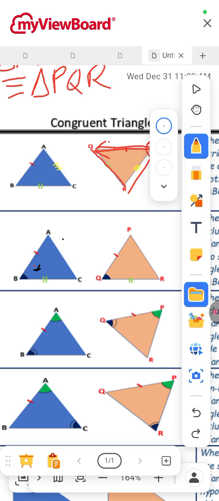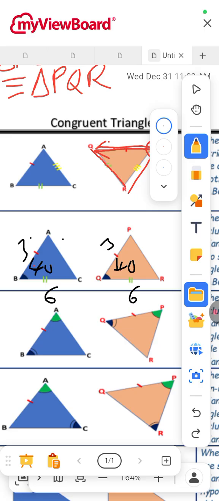Just for example, let's say the angle here is 40 degrees, then this one is also 40 degrees. And let's say, just for example, trivially, let's say this place is 3 units and here is 6 units. So here should also be 3 units and here should also be 6 units.